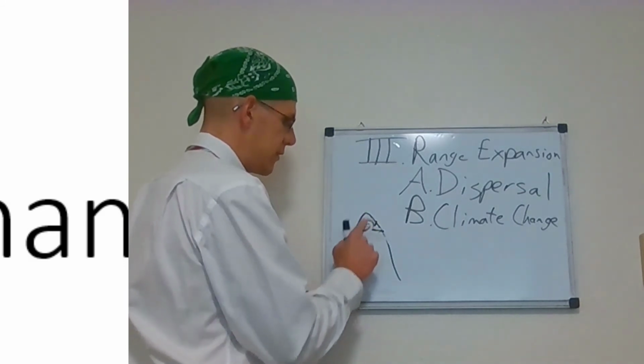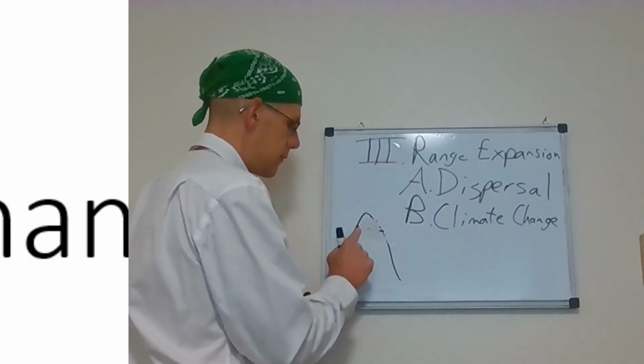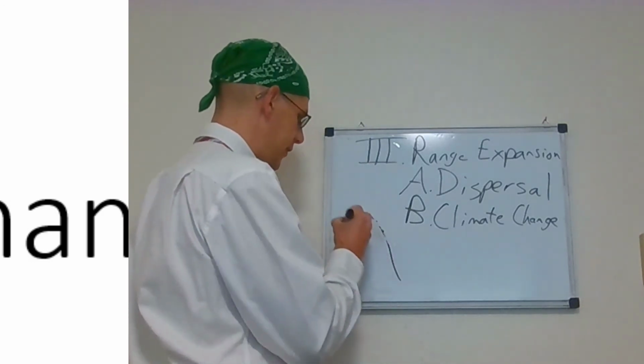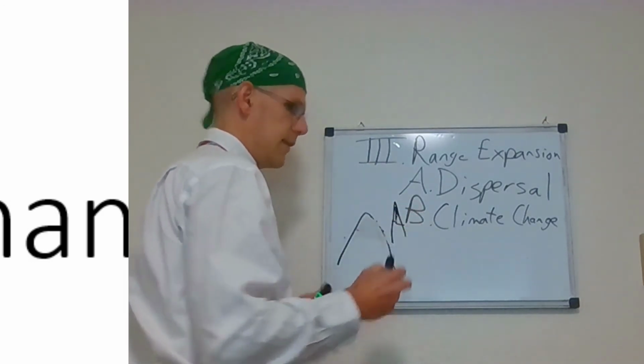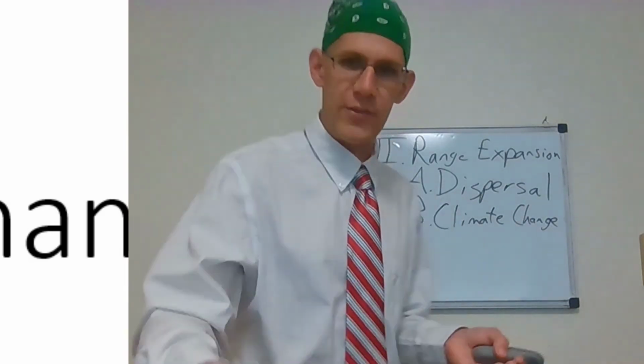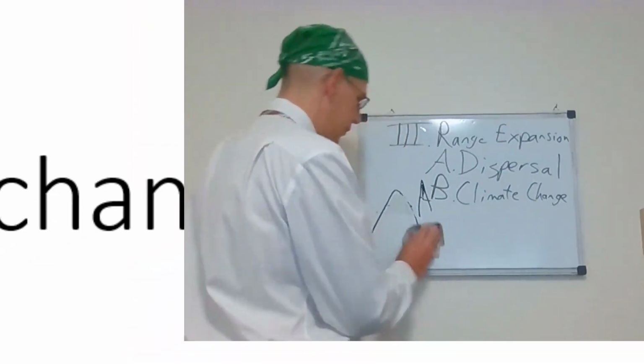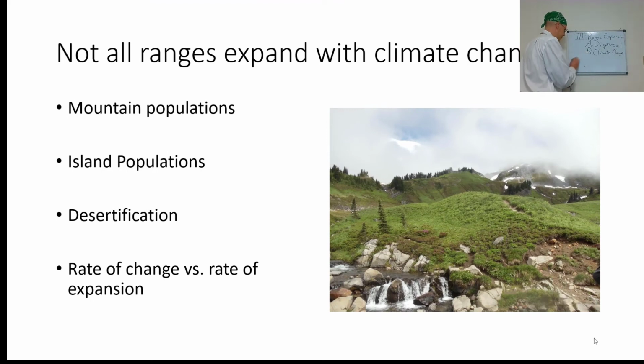And eventually, if that range decreases enough, there's simply no place for it unless they find some higher mountain somewhere else. But eventually, oxygen will become a factor. So this is also not always true about island populations, as islands might shrink. The advance of desertification in Africa actually contracts some ranges. So it really comes down to, as well, the rate of change versus the rate of expansion.